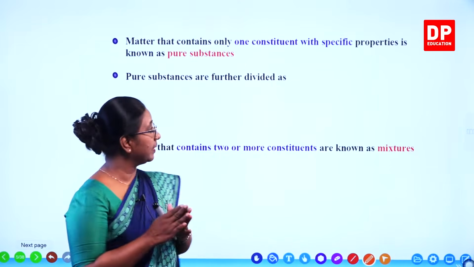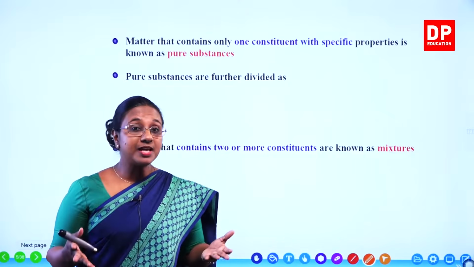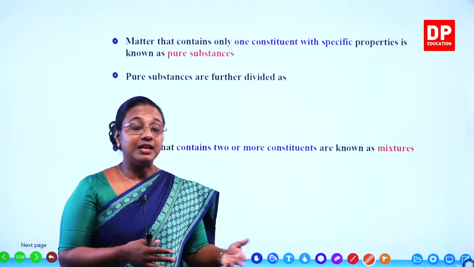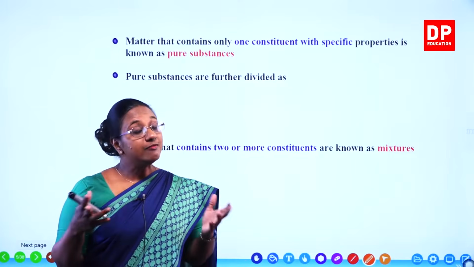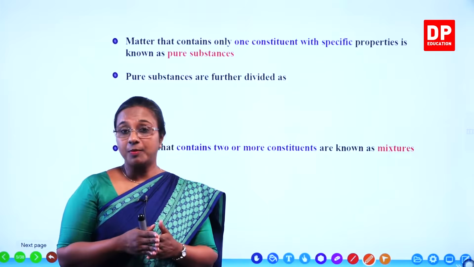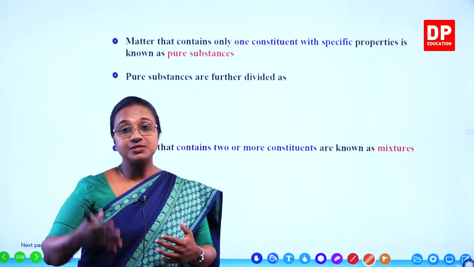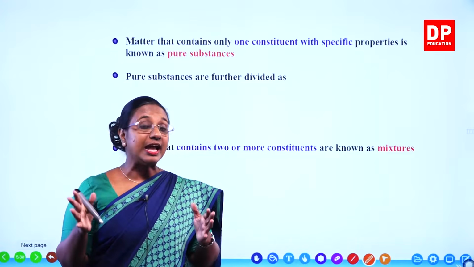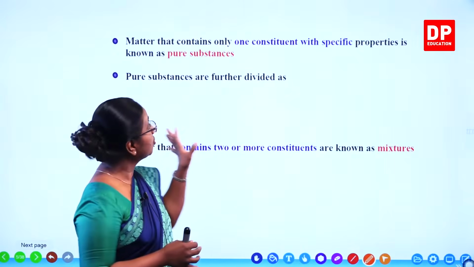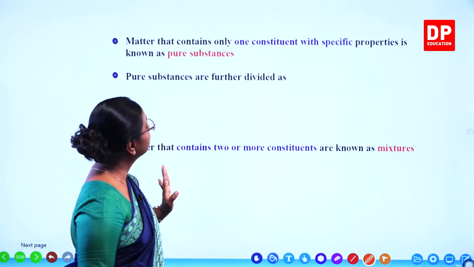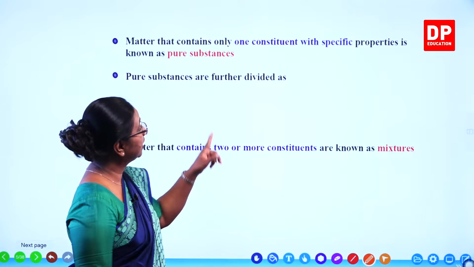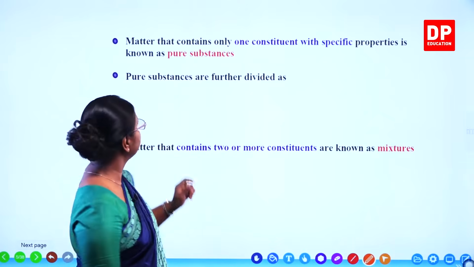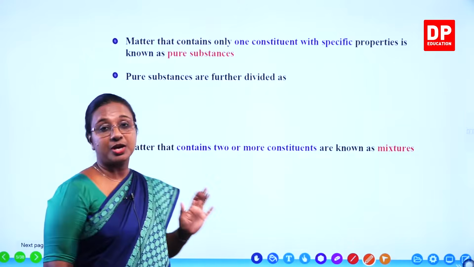So specific properties. Then I told you all copper sulfate, blue in color, again solid. Then water, it has certain properties. It's a liquid, colorless, odorless, tasteless. So that has certain property. So like that, matter that contains only one constituent with specific properties is known as pure substances.